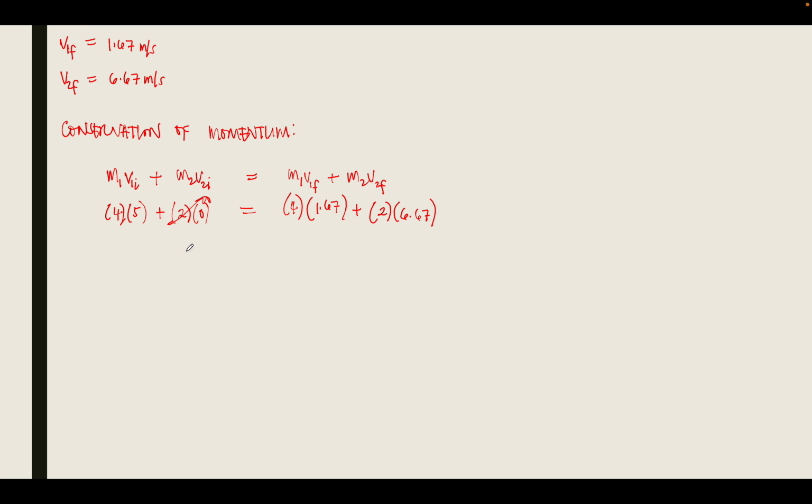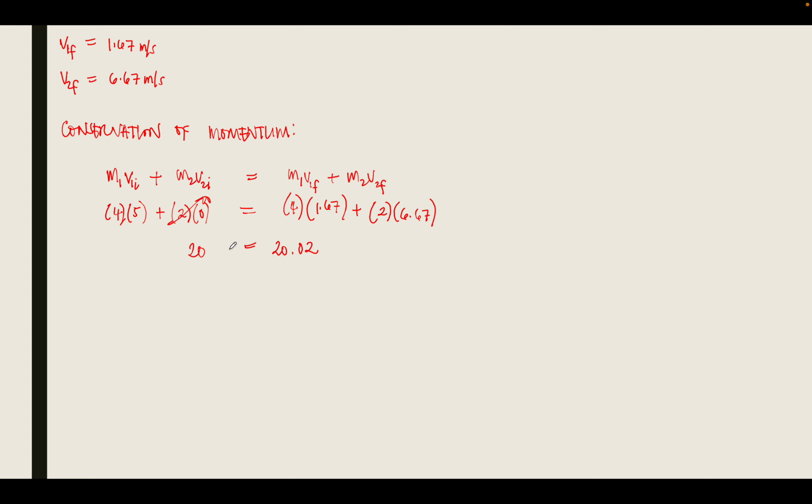So 4 times 5 we have 20. Now on the other side we have 4 times 1.67 plus 2 times 6.67, which is equal to 20.02.